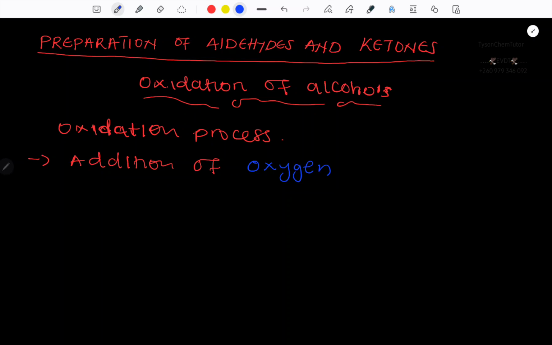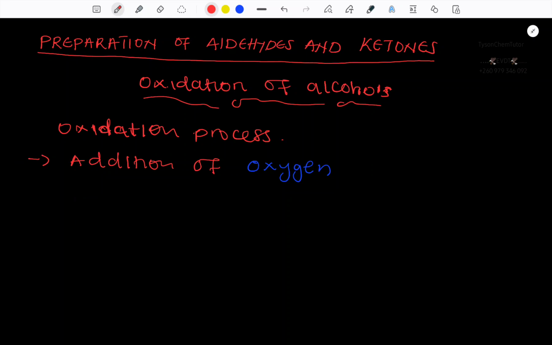Oxidation can also be defined in terms of hydrogen. When defining the oxidation process in terms of hydrogen, it is the removal of hydrogen from a molecule or a substance.